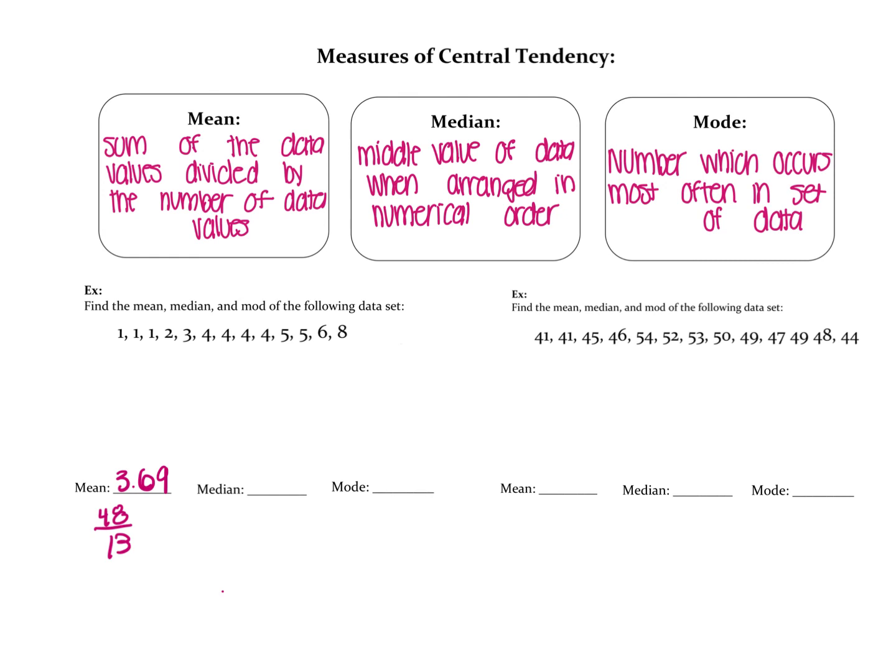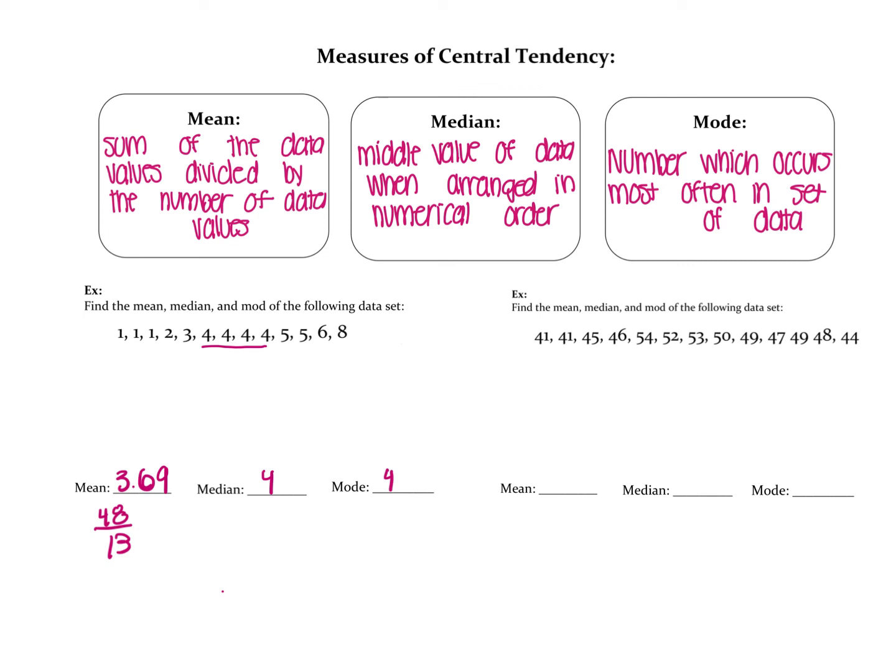Then for my middle number, I'm going to cross off numbers on each side until I find a middle number. I see my middle number is 4. Also remember that if you cross off numbers on the sides and you end up with 2 numbers in the middle, you add them together and divide by 2. And then I can see that 4 repeats 4 times, so my mode is 4.